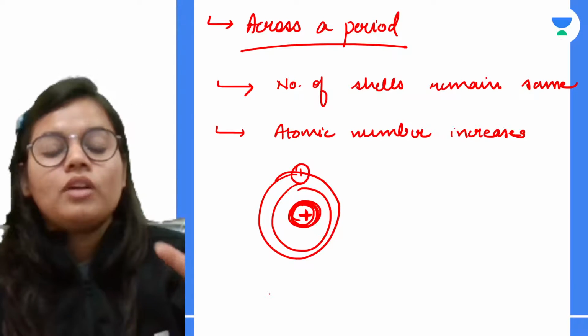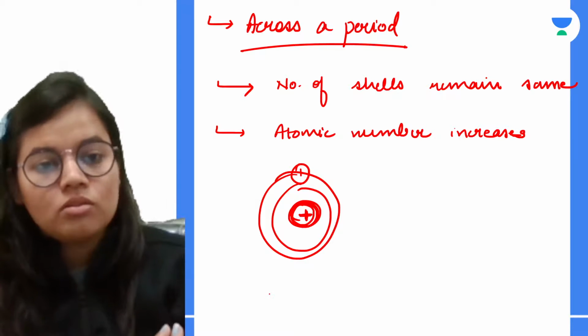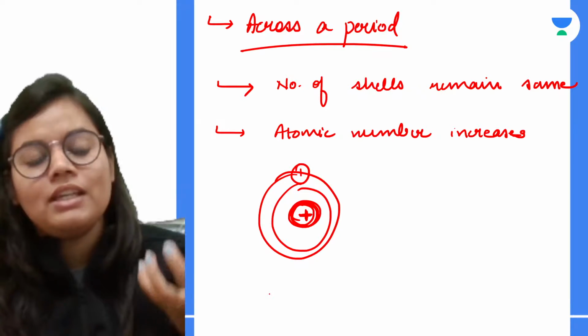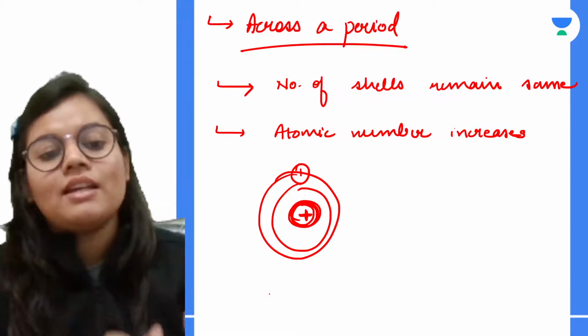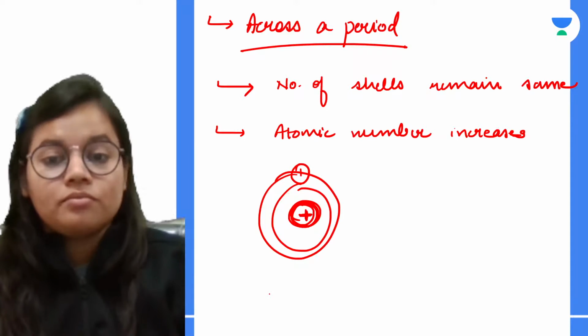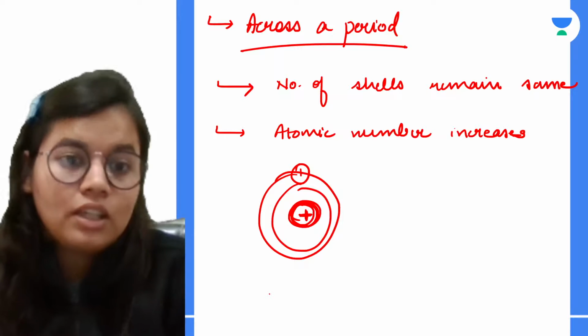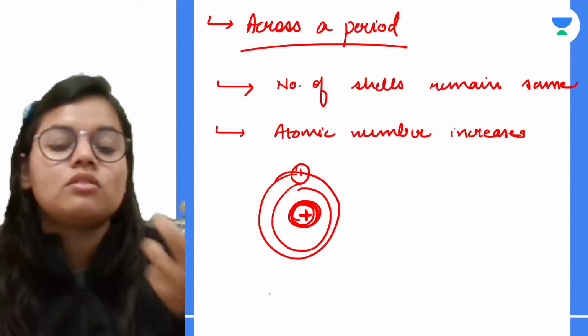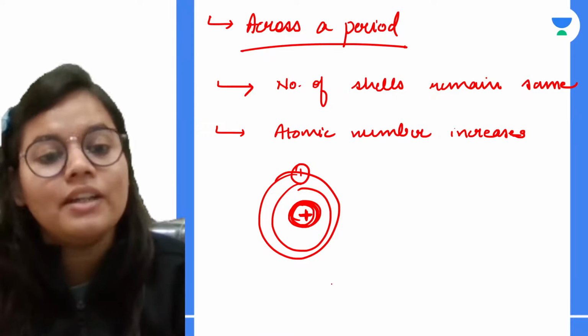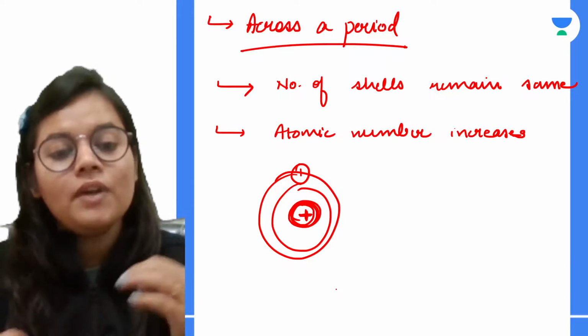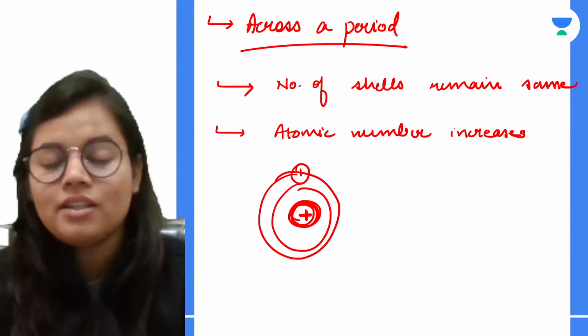The more it pulls the electron towards itself, the more the atomic size decreases. So as soon as our atomic number increases, this positive charge becomes stronger and is able to pull the electron towards itself, which leads to a decrease in atomic size.